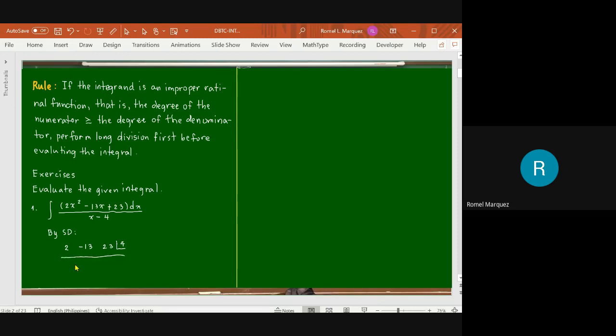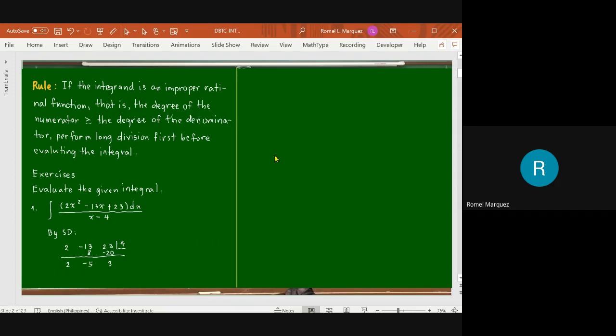Bring down the first number, multiply by 4, that is 8, add negative 5, multiply by 4, negative 20, getting positive 3 as the sum. This is the remainder, this is the coefficient of the linear term, and this is the constant term.